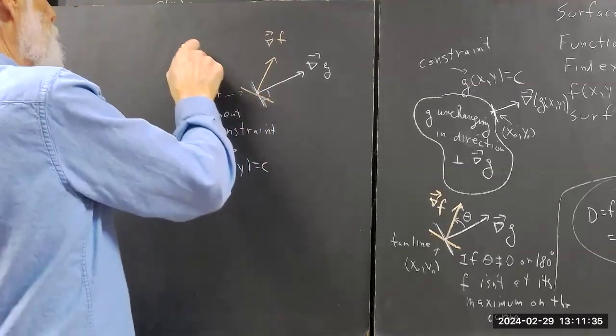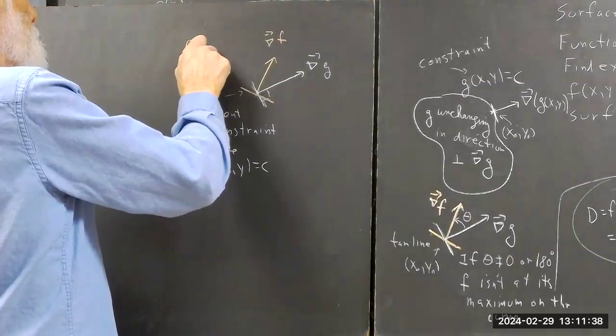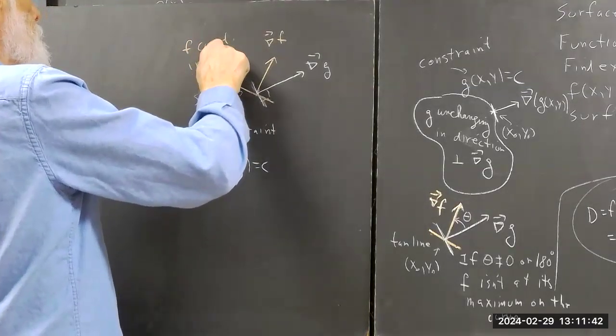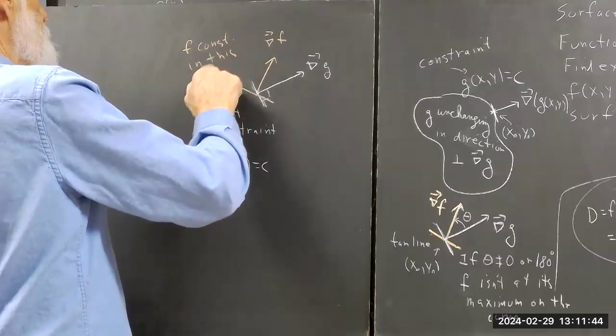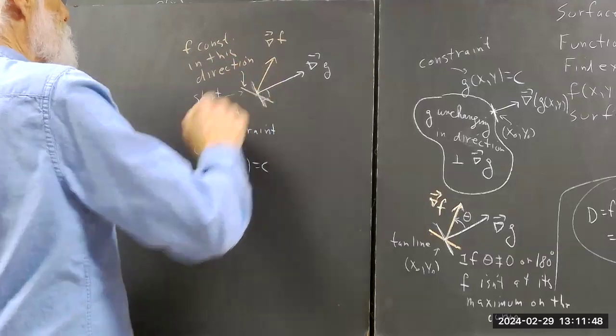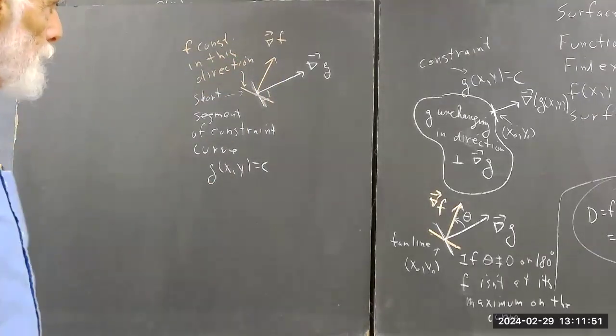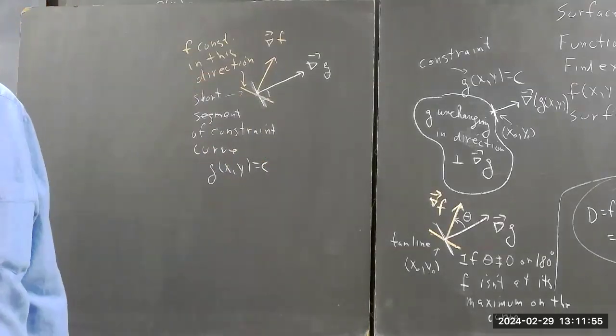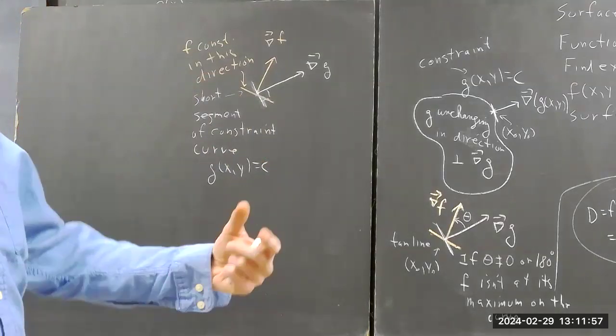And we say that f is constant in this direction, meaning move either way on that segment. Assuming a very short segment.